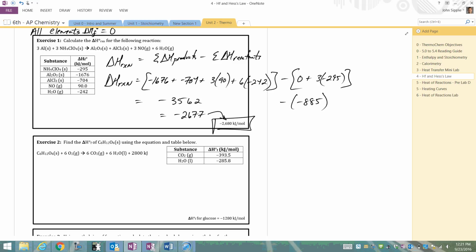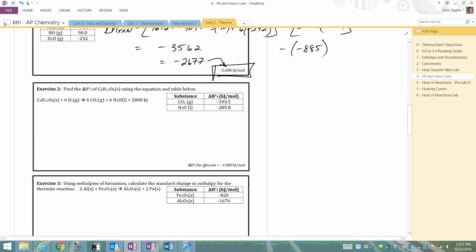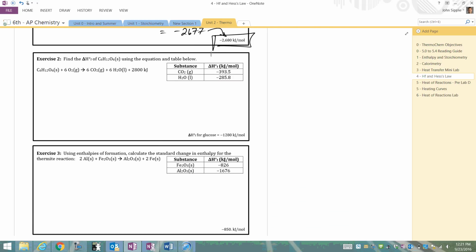All right, another type of problem. You have that type of problem where they ask you to solve for the enthalpy of the total reaction. The other type of thing to do would be to solve for the heat of formation of one of the substances in the reaction. That's the next example here. So here we've got delta H of our reaction.